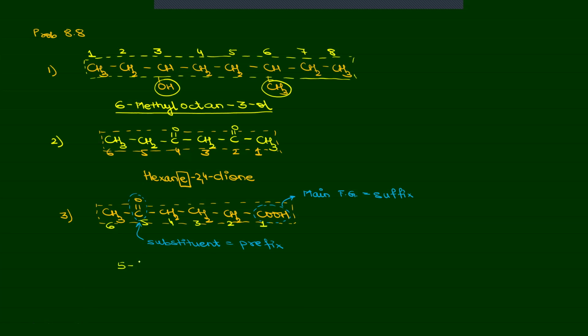So completing the name, it's 5-oxo, hex with a single bond hexane, and the oic acid is the suffix at the first position. That is why 1-oic acid. Now the 1-oic acid for carboxylic acid is a default position. Whether you write or don't write, it's okay. Both are correct, both are acceptable.